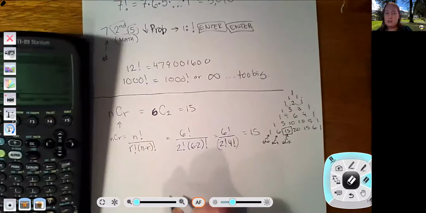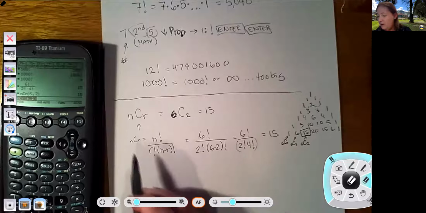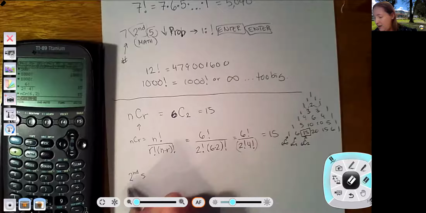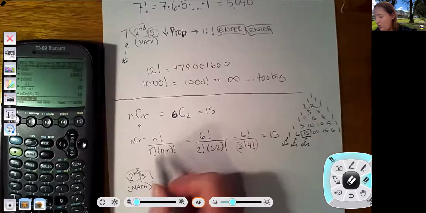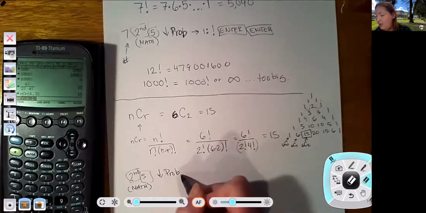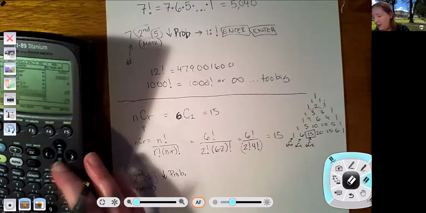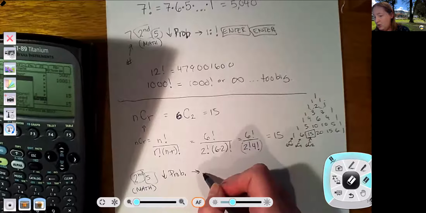So there it is. You put in your nCr function, so you're going to do second 5 to get math. Then you're going to scroll to probability. Then you're going to pick option 3.